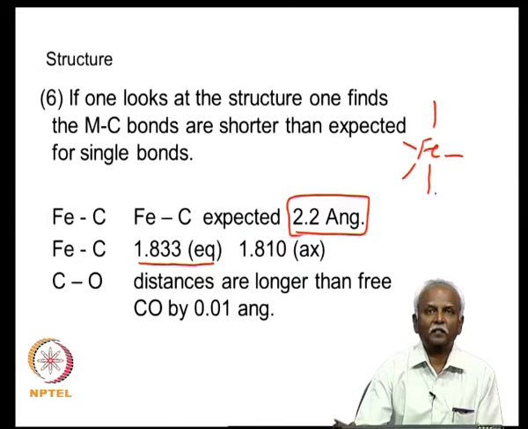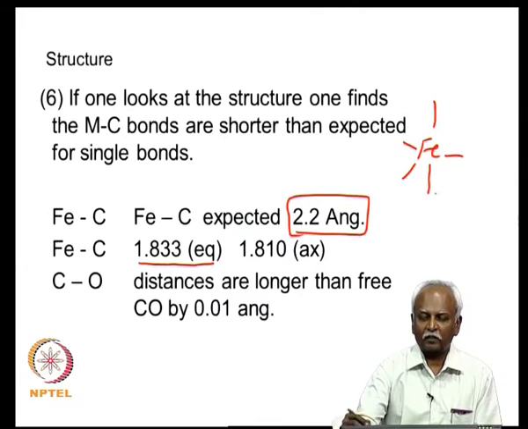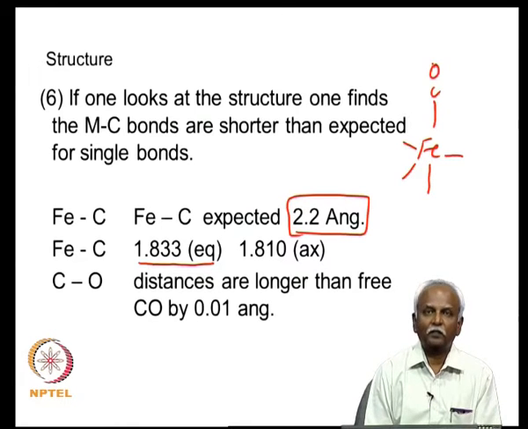Each one of these lines represents a carbon monoxide. So, you have a carbon monoxide at the end of each of these lines. And so, this bond distance is what we are talking about, and it turns out to be smaller than what you expect on the basis of the single bond radius.